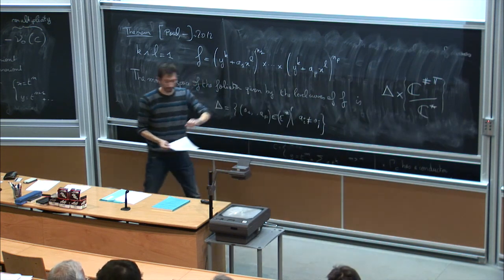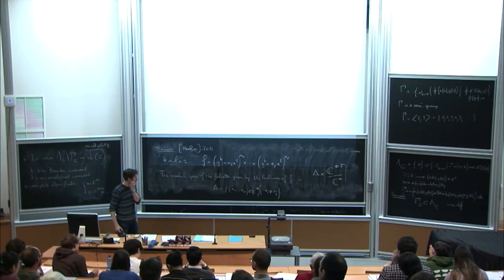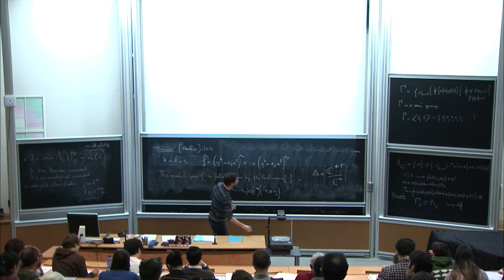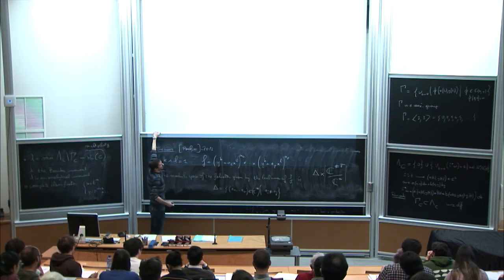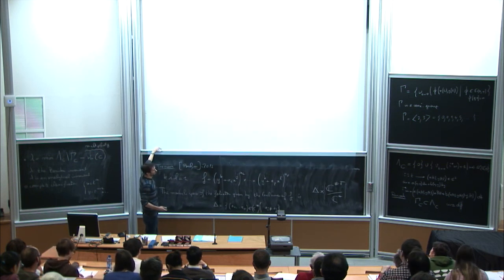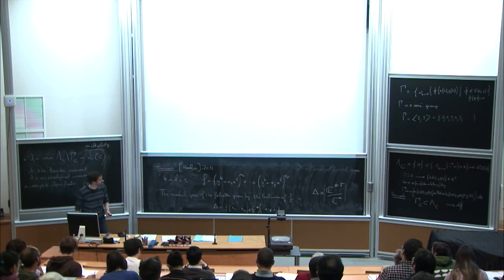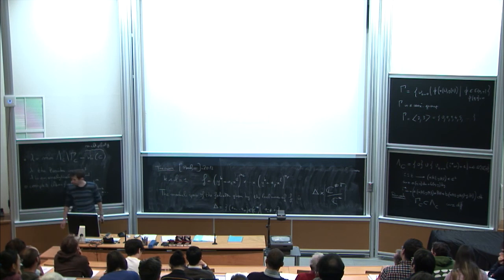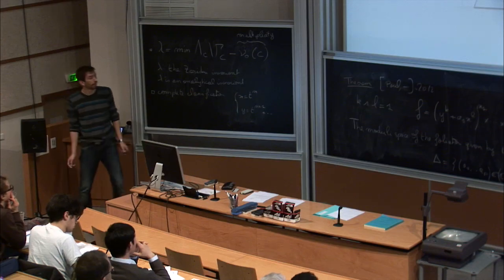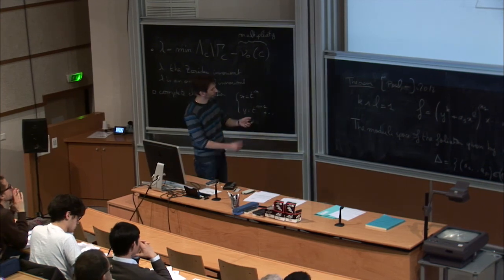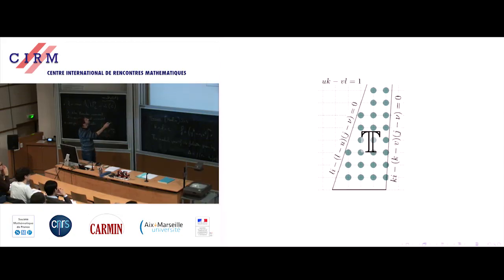So let me just try to explain very briefly how this set is constructed. So this is a C to some power. This set is constructed the following way. You consider a Bezout relation between k and l with integers u and v, and you choose this Bezout relation such that both u and v are positive, and you suppose that v is strictly smaller than k, and then u and v are unique.